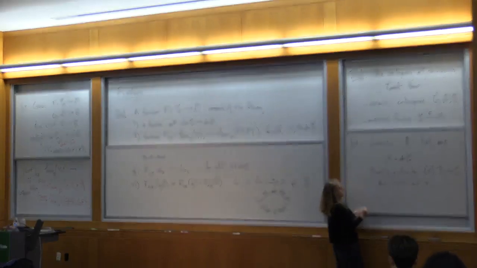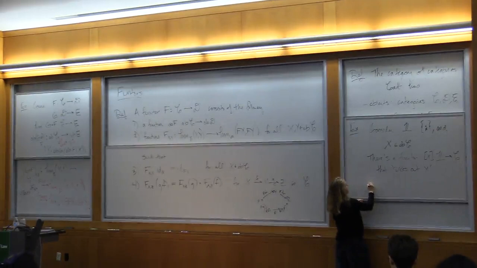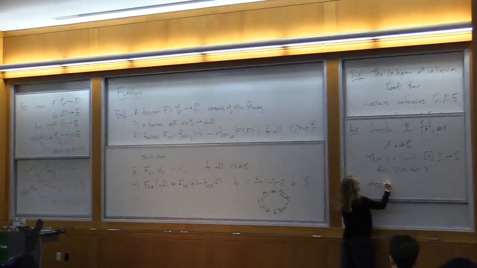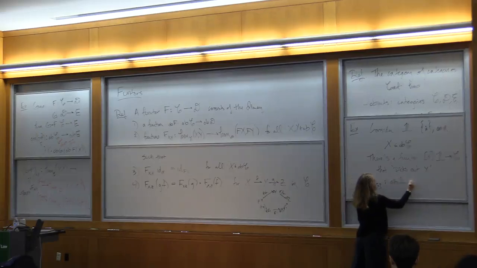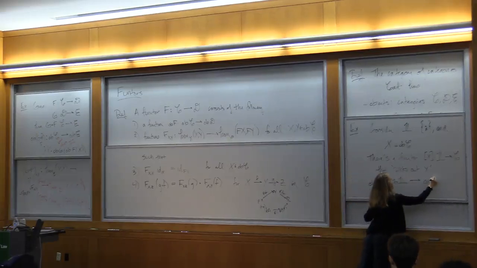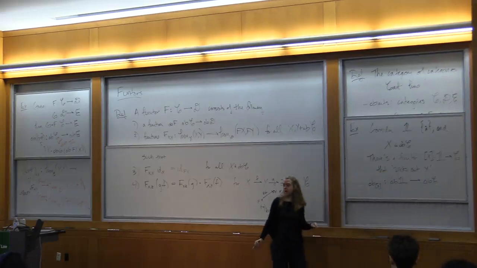Okay, so what's the data? So ob X has to go from ob of 1 to ob of C, and what should this do?